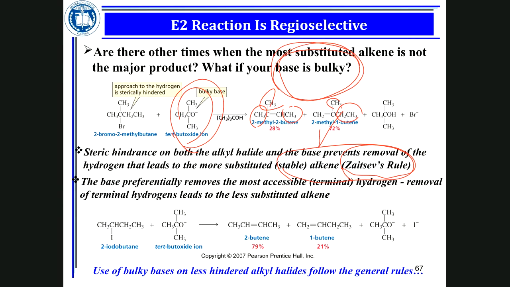Use of a bulky base on a less hindered alkyl halide: it's going to remove the hydrogen from the easier side. So this is the secondary, this is the primary. The primary is going to be removed by the bulky base.